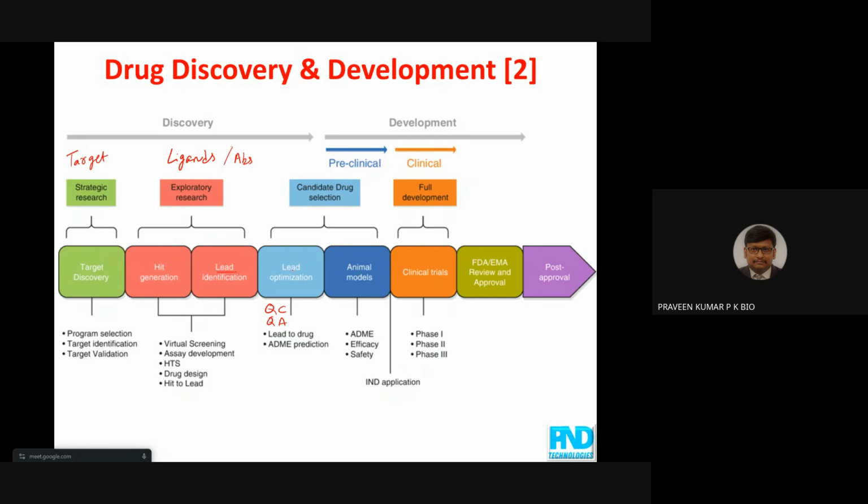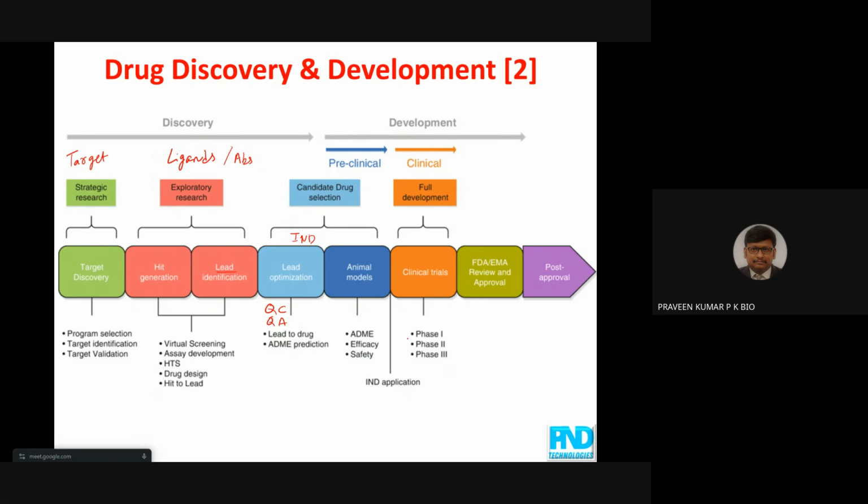But even if they want to develop anything new, they can also go with a lead optimization protocol. Okay, and whatever leads they develop, that's what we call a new investigational drug, IND, investigational new drug. If they bring a new drug, we call it an investigational new drug or new drug application. So this will be checked with animal models, and then tried in the clinic.